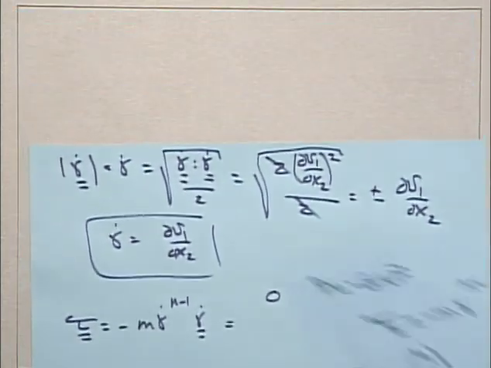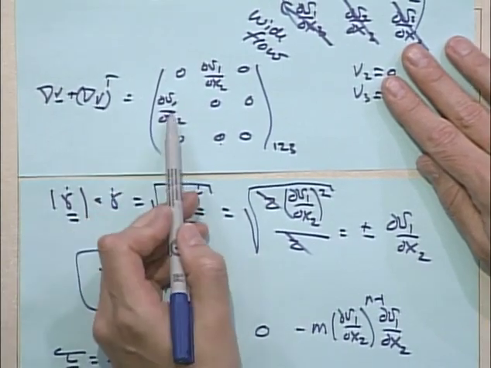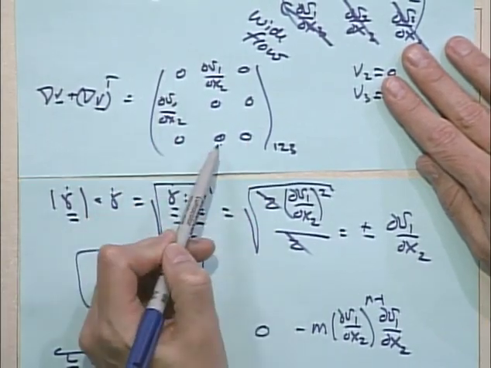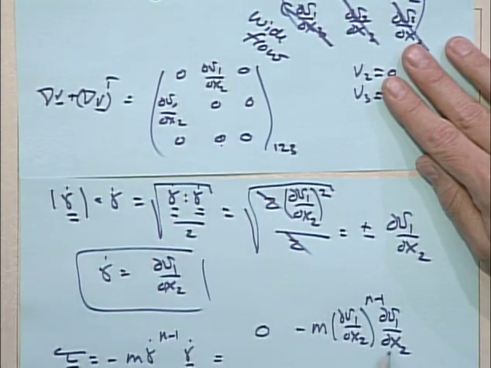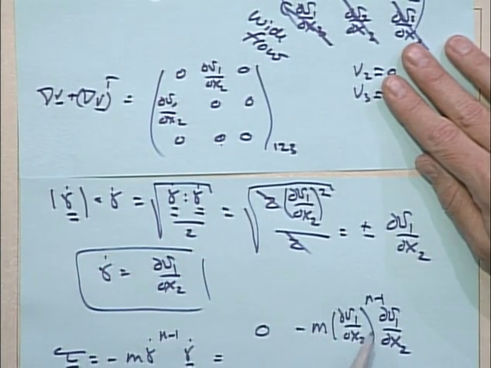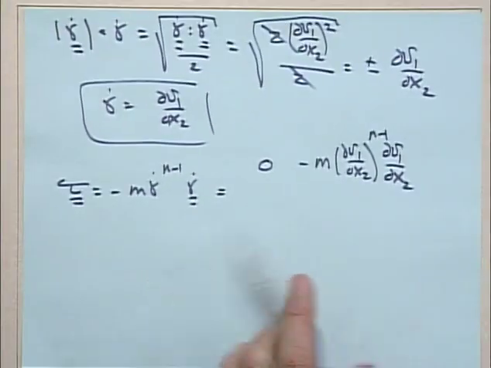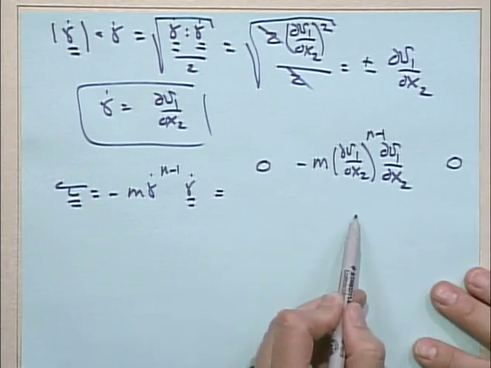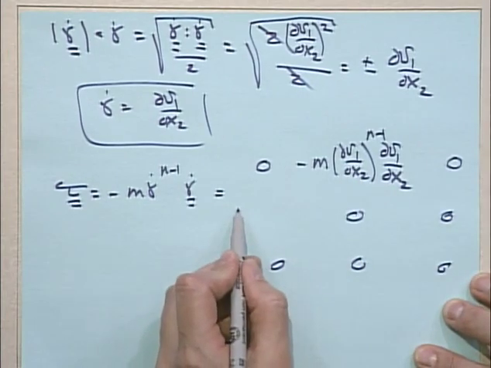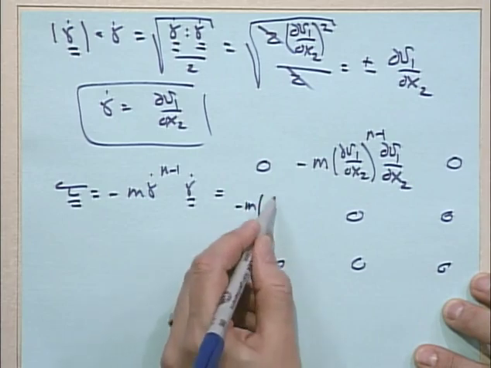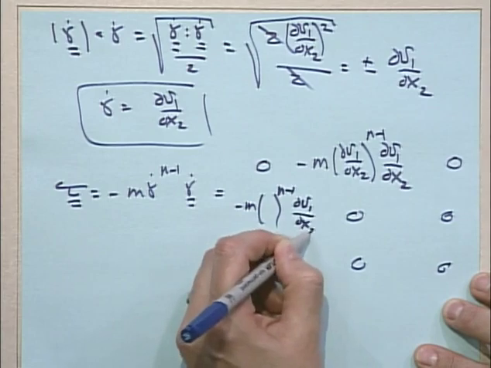I'm multiplying this as gamma dot the tensor, and the only place there'll be non-zero terms is where there's this dv1 dx2. And everything in front is the m gamma dot to the n minus 1. So the other components are 0, and then there's another one identical to this here, minus m gamma dot to the n minus 1 times dv1 dx2.